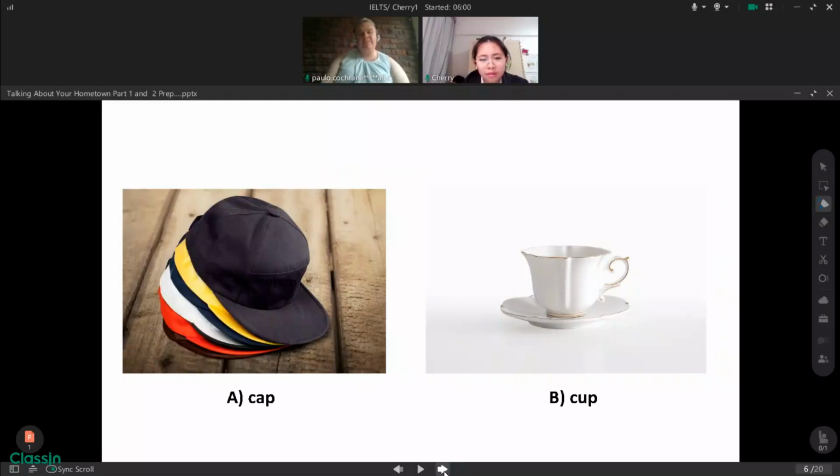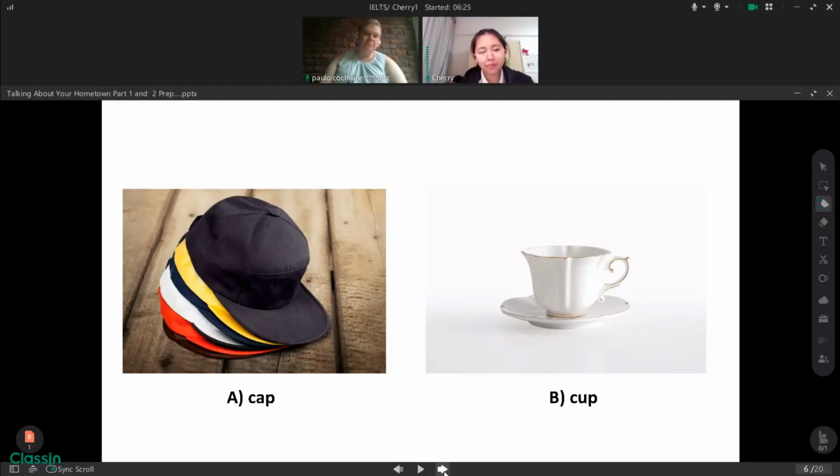All right, then coming to the next two pictures. We got a cap and a cup. Cap and hat is different.